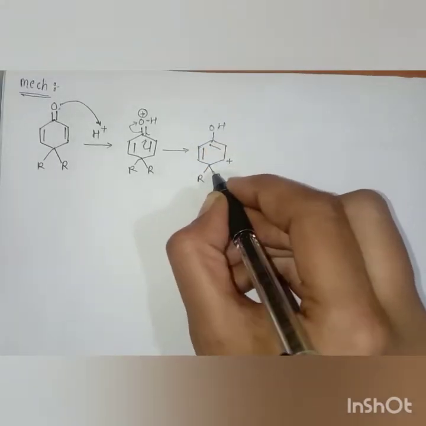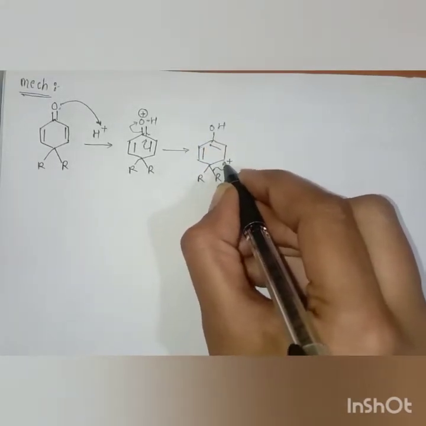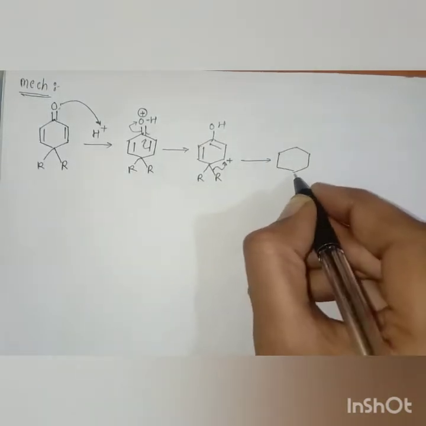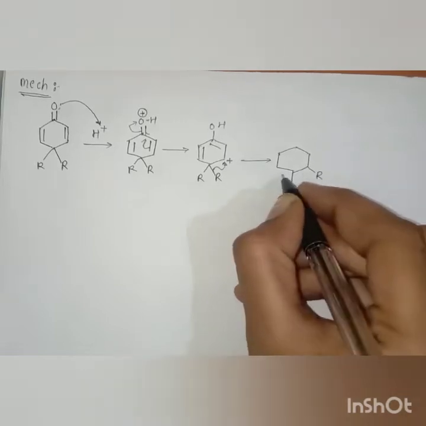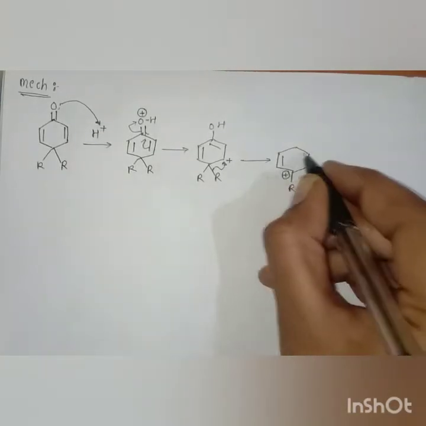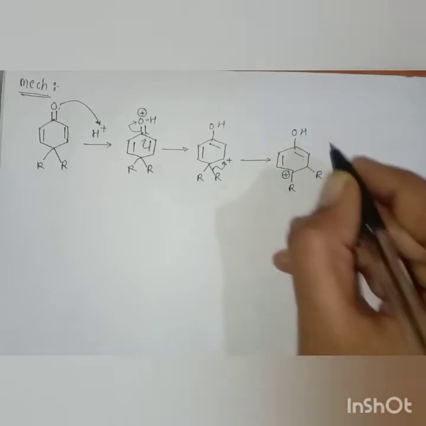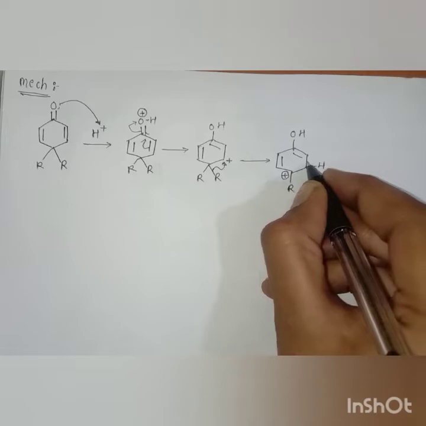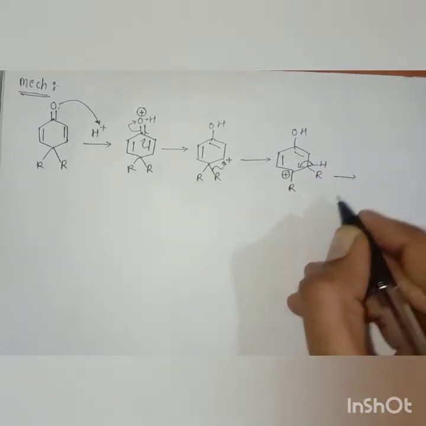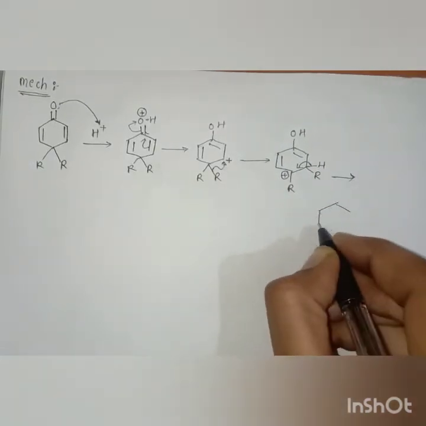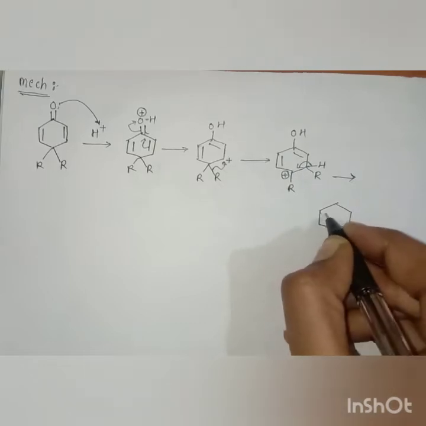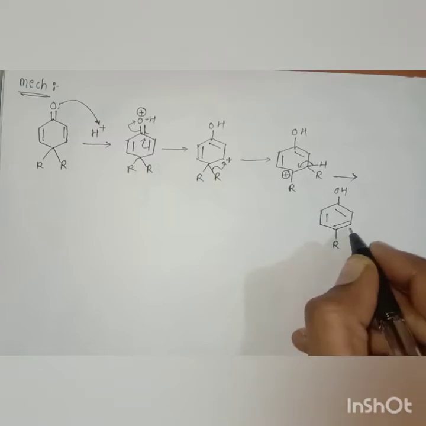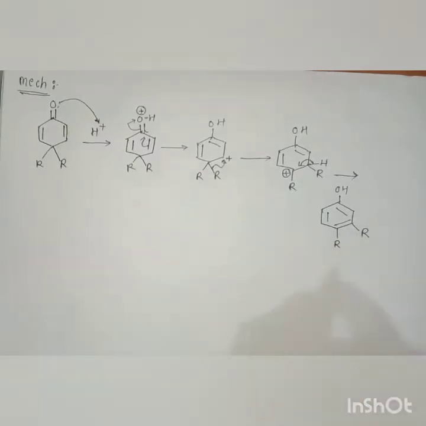Now in the next step, 1,2 migration takes place and we get this. Again in the next step, removal of H plus takes place so that we get the phenol, that is, the regaining of the aromaticity takes place.